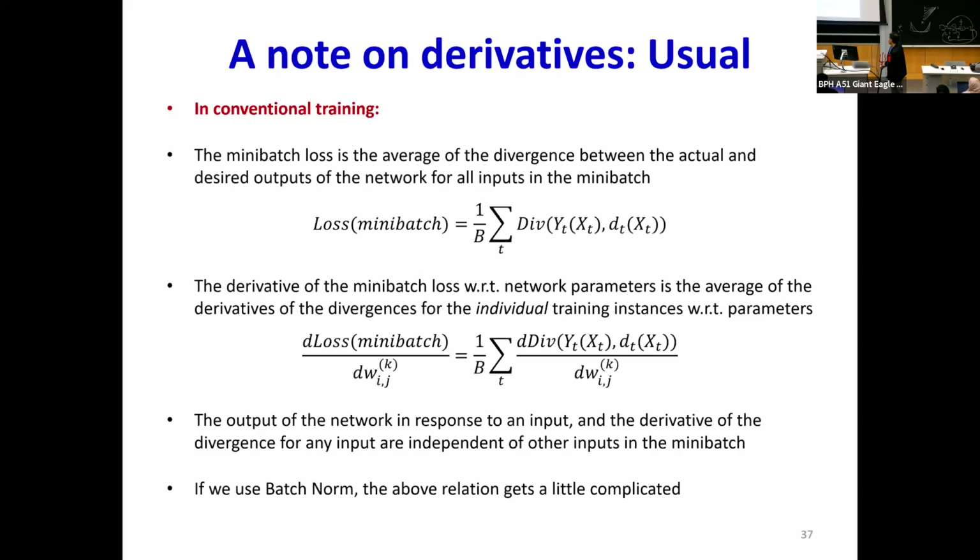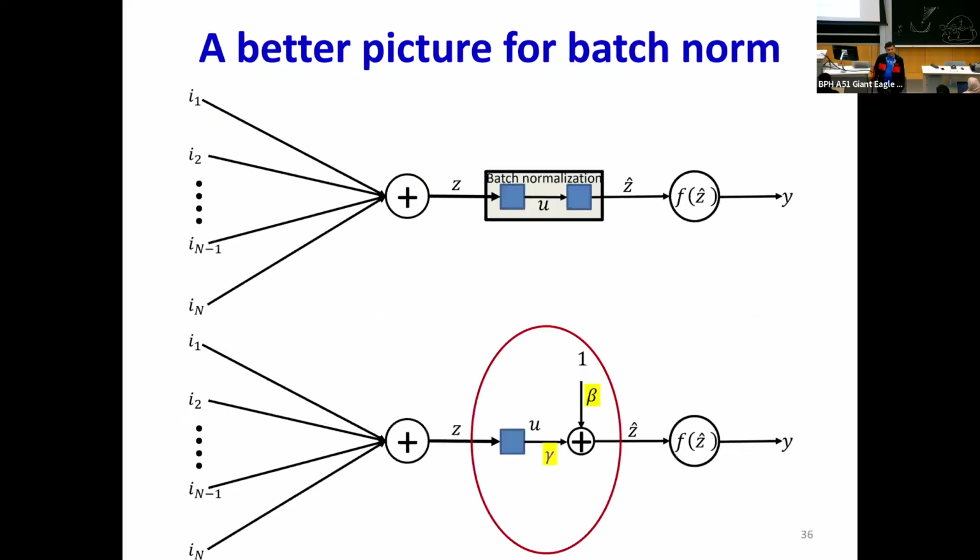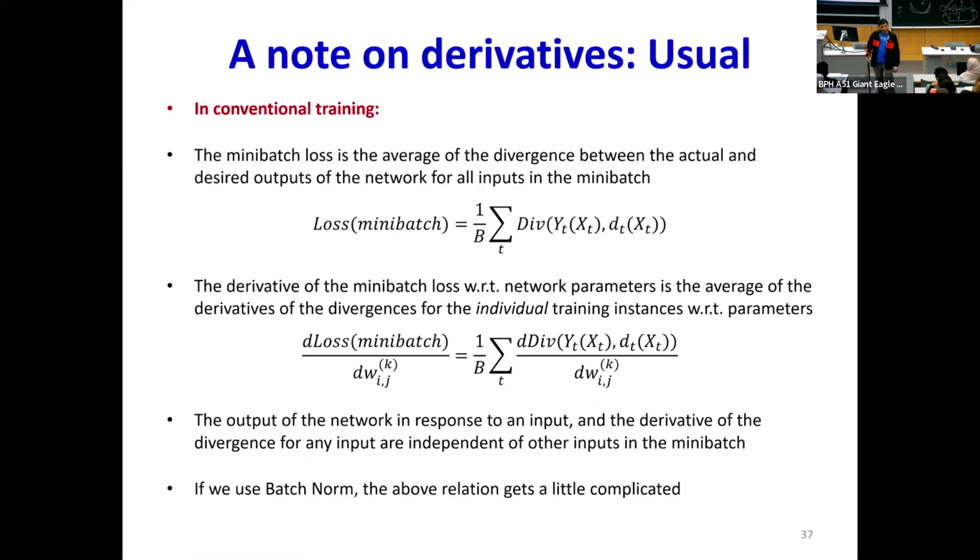And this simple step of normalization and shifting destroys the simplicity of back propagation. Why is that? When I'm computing my derivatives, the way I did it, I had a loss which was the average of the divergences for the entire mini batch.